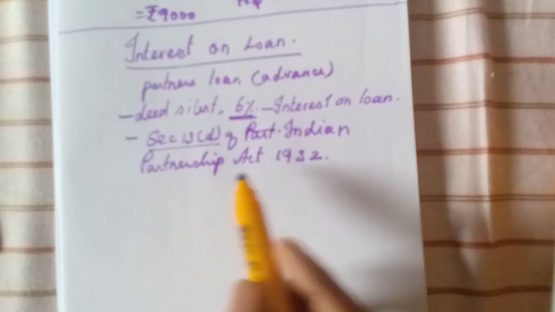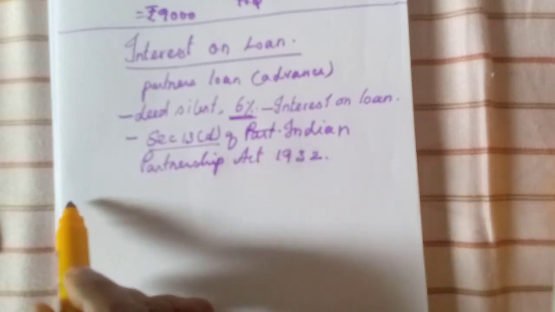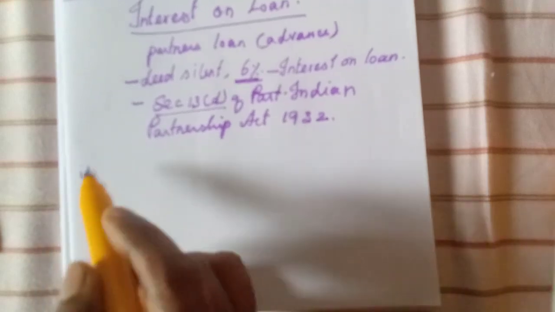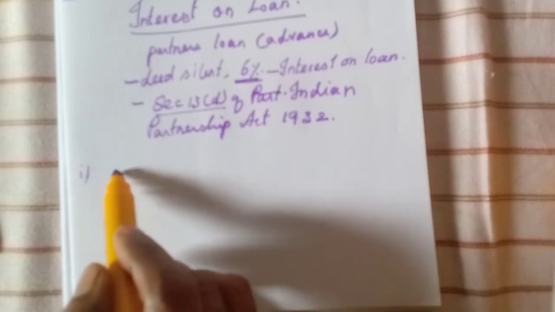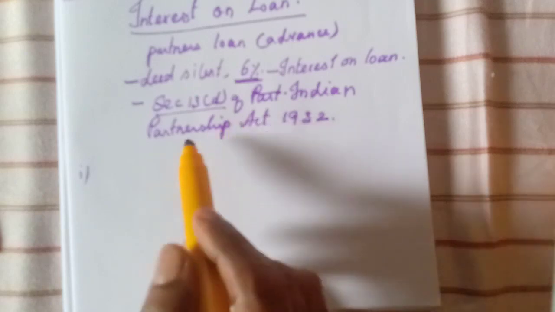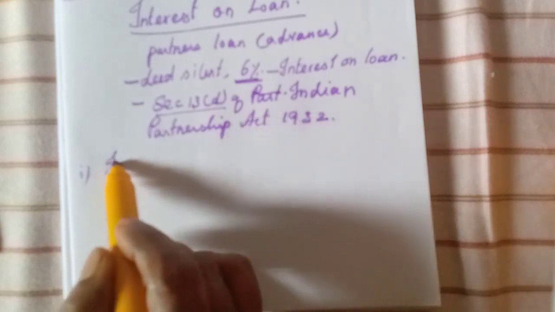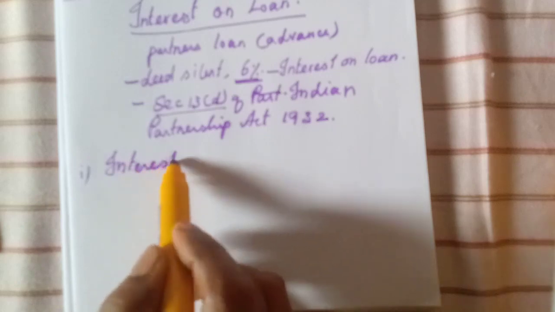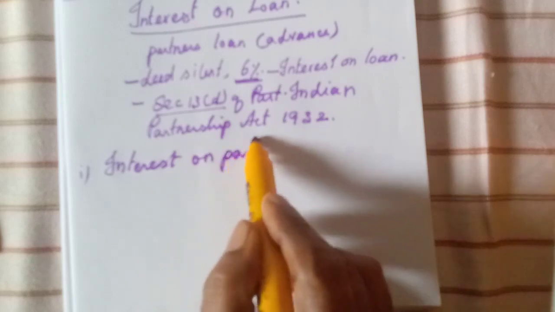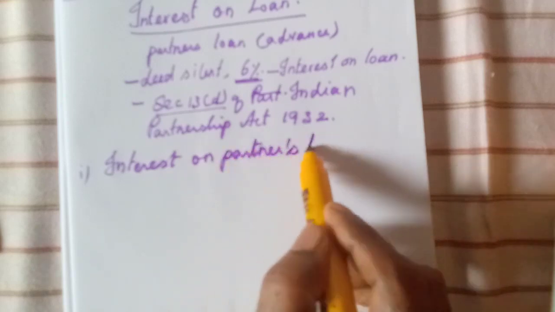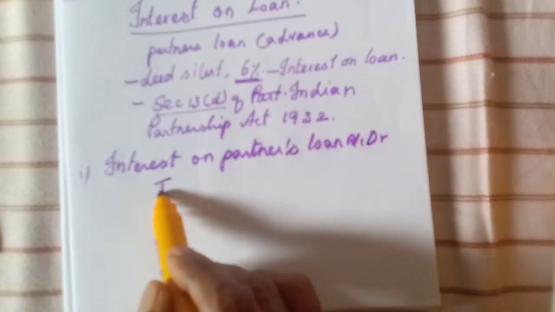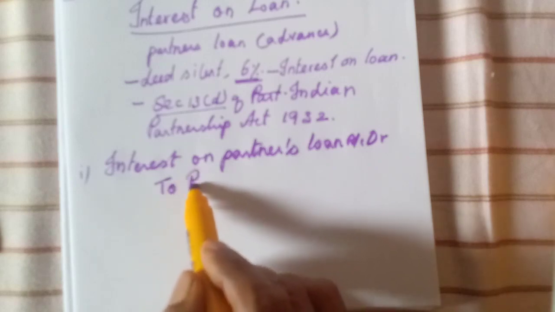Here we should have two entries. One is for providing interest on loan. Since interest on loan is an expense for the firm, that must be debited. Interest on partners' loan account debit, to partners' loan account.